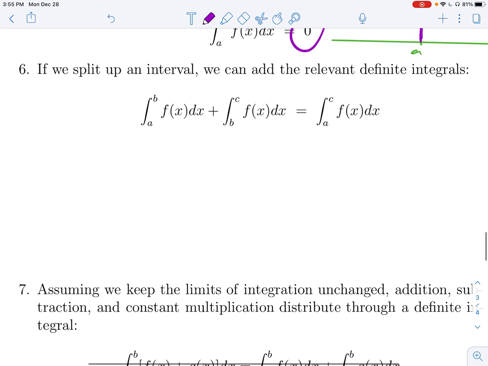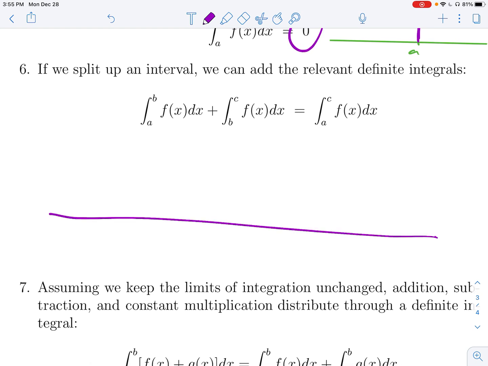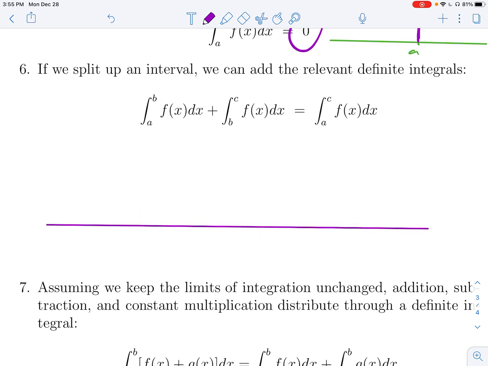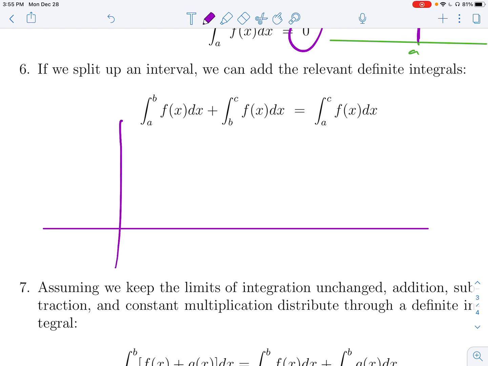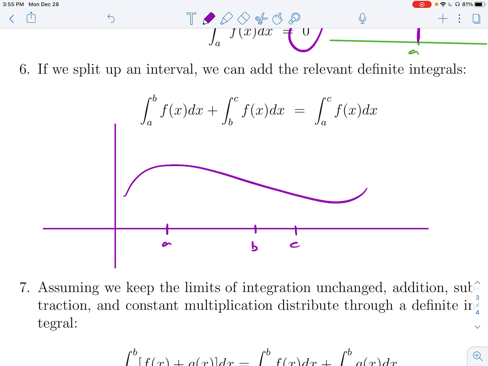Another thing, and this probably makes sense, this might seem really abstract. Let me draw a picture. The definite integral from a to b represents this area.